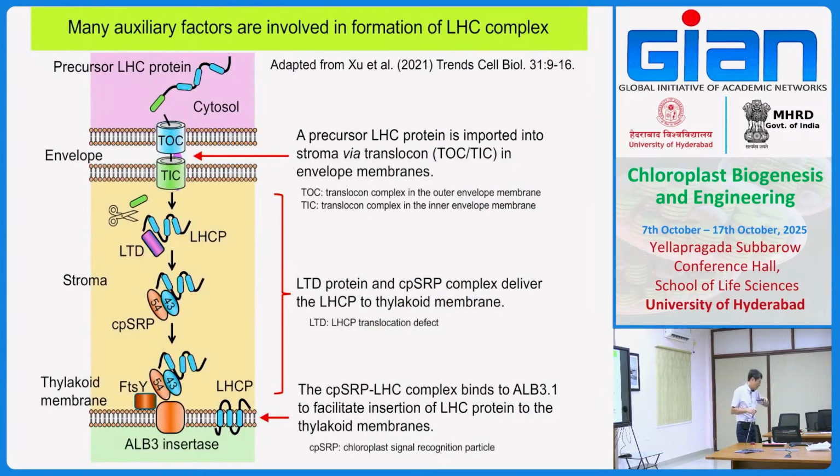Okay, so as I talked before, the LHC proteins, apoprotein, not including cofactors like chlorophyll a and b and carotenoid, have an N-terminal extension signal peptide, the precursor proteins, and are translocated from the cytosol into the chloroplast across the two layers of envelope membranes at the site of translocon, TOC and TIC.